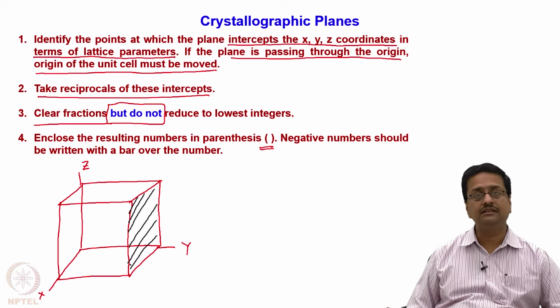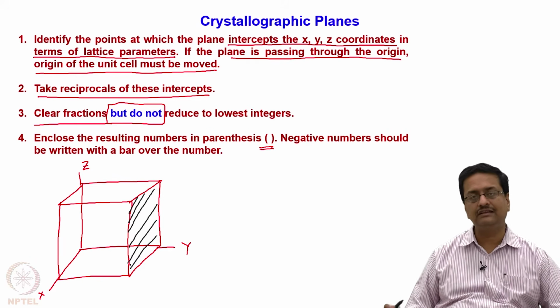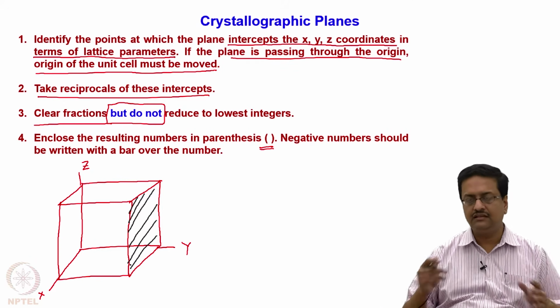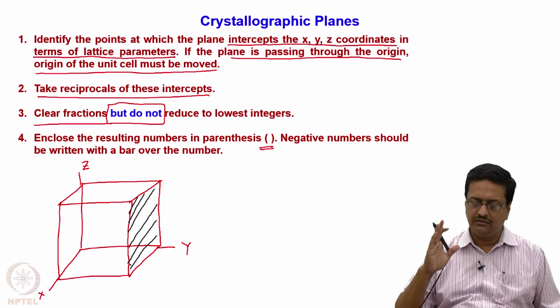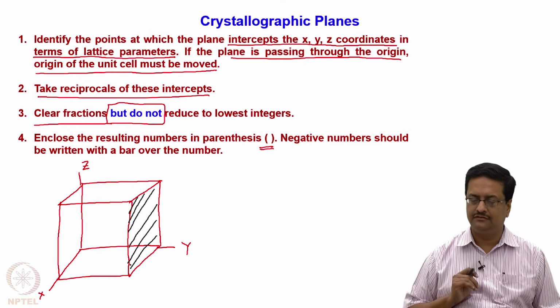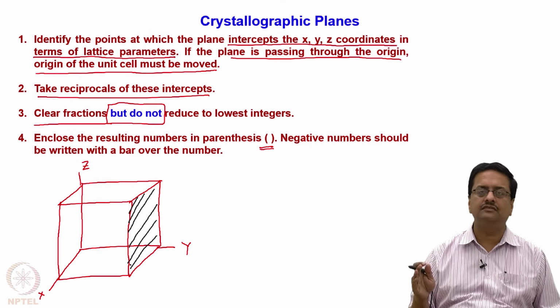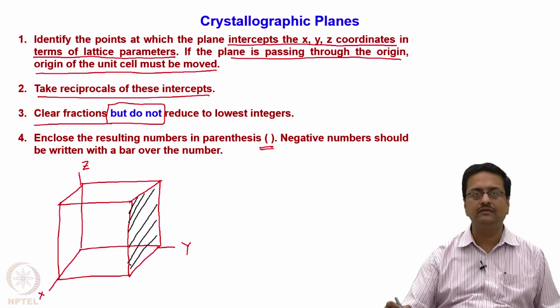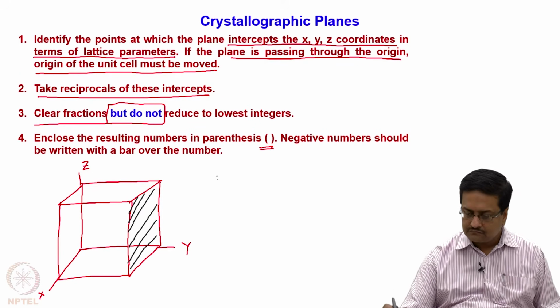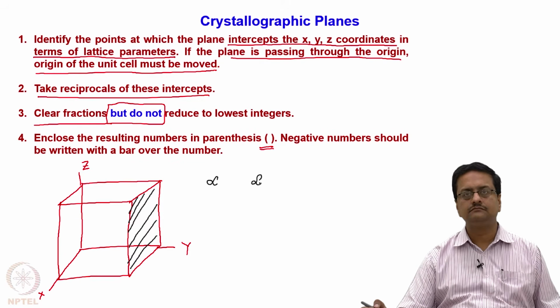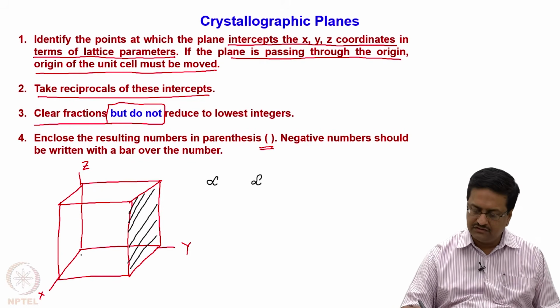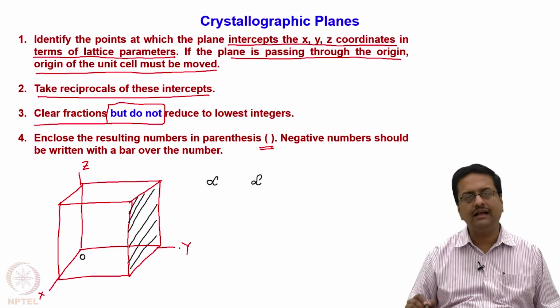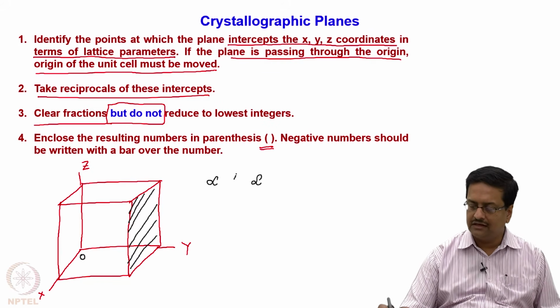So what are the intercepts of this face on x, y and z? You see, this face is parallel to both x and z. So this face is not going to have any intercept on x and z. That means the intercepts of this plane with x and z are infinity. And this plane meets the y-axis from the origin at a distance 1.